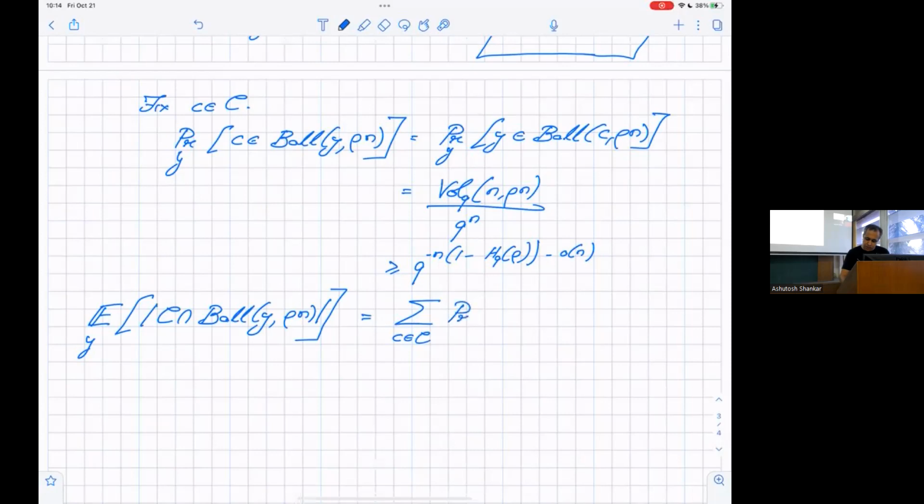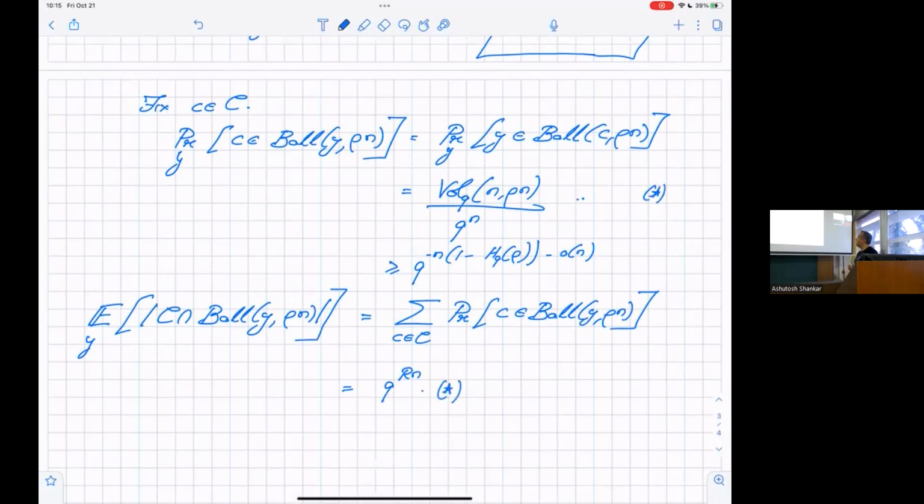This is the same as the probability that C is in the ball y, rho n. I'm counting a particular number. This is basically, for every code word, I write this. So what is this? This is exactly the previous one, q power Rn times stuff.